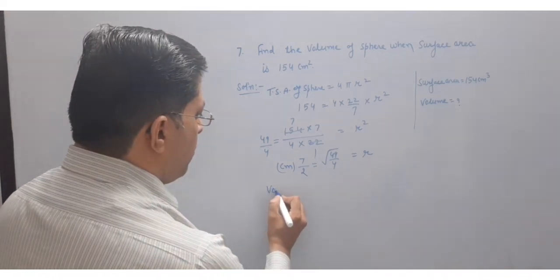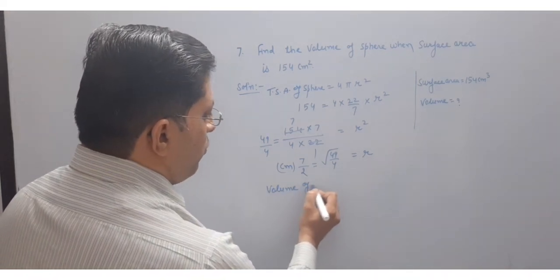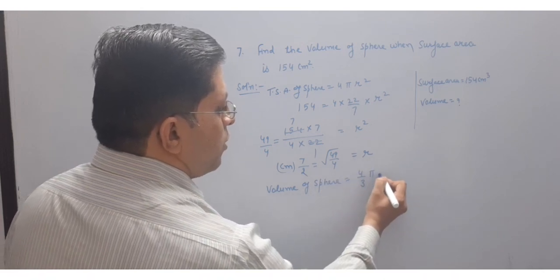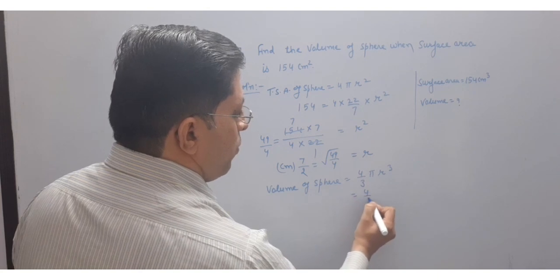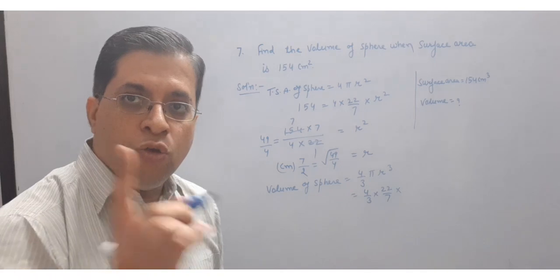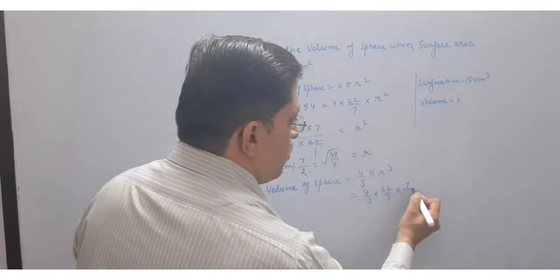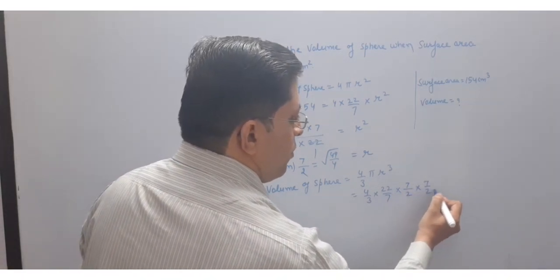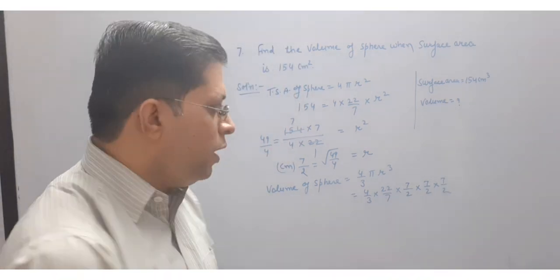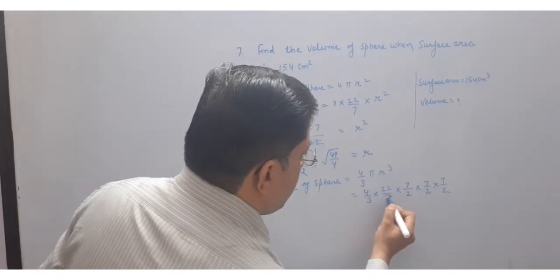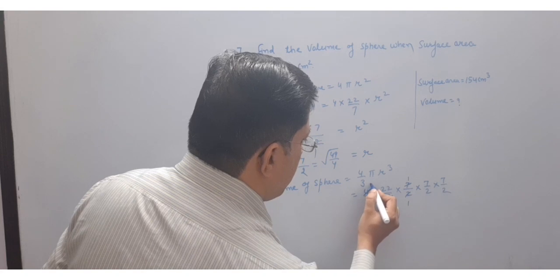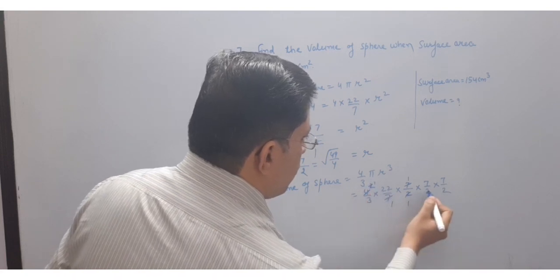Volume of sphere. That we know is 4 upon 3 pi r cube. 4 upon 3. Pi value 22 upon 7. And r cube it is. So 7 upon 2, 7 upon 2 and 7 upon 2. Okay. Then you can cut 7 to 7 here. Okay. 2 1s are 2, 2 2s are 4. 2 1s are 2, 2 1s are 2.